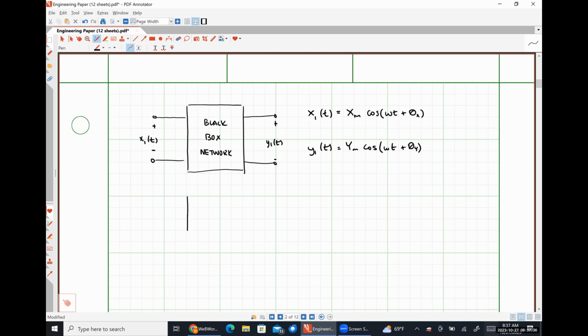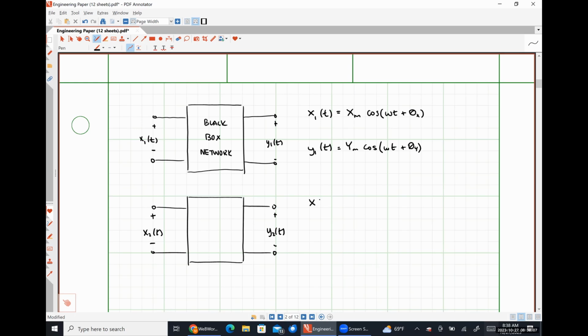Let's take that same black box network. We're going to apply a slightly different input signal, which I'm going to call X2 of t. And we should be able to observe a slightly different output signal, Y2 of t.